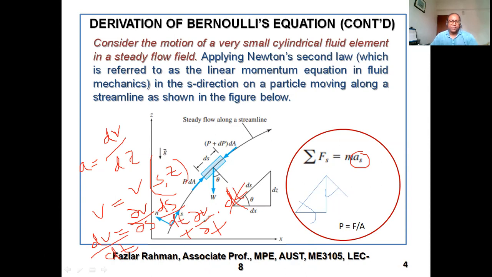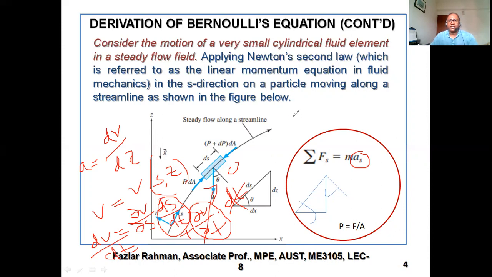Now you see this dv by dt is the local acceleration, but in the assumption, we think this is a steady flow, so this will be 0. And this ds by dt, distance divided by time, equals v.